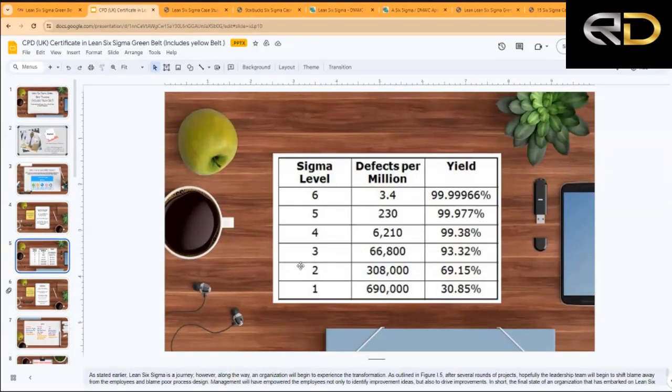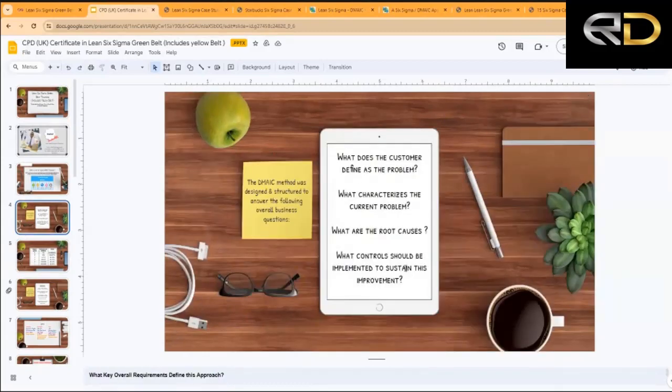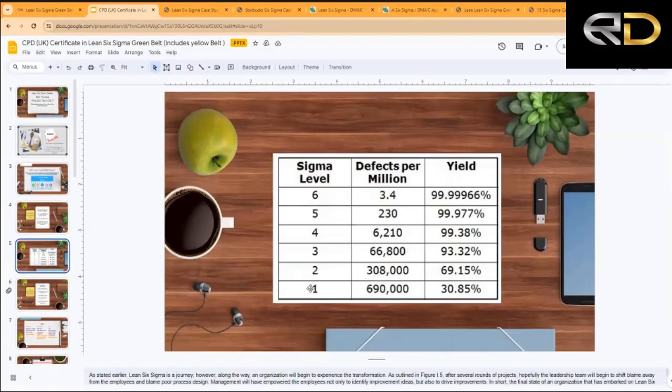So the whole idea here is basically to answer all these questions right here, so that we can move from sigma level 1 to sigma level 3, okay? Because that is what happens when you identify what exactly is causing those 690,000 mistakes. We are going to identify when and how those defects are happening, and then how can we improve them so that we go to sigma level 3, sigma level 5, and then hopefully up to 6 sigma. That is basically all what we are doing.